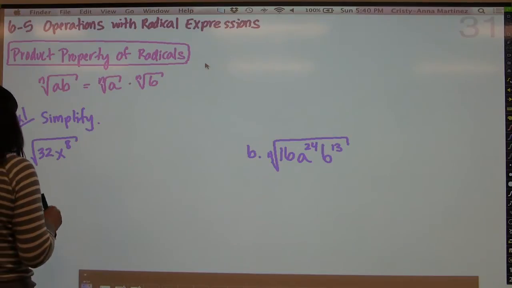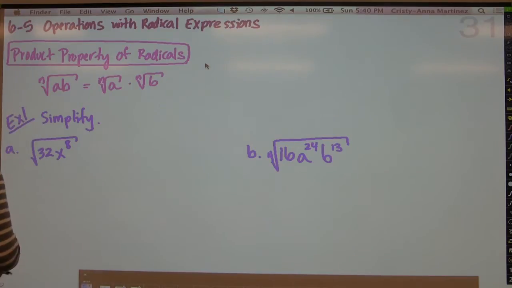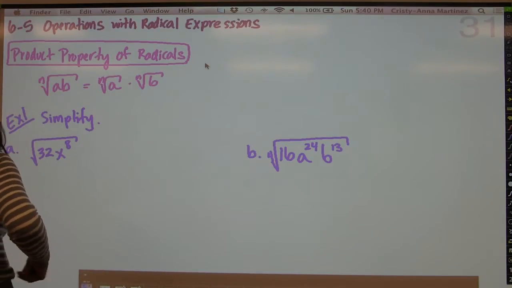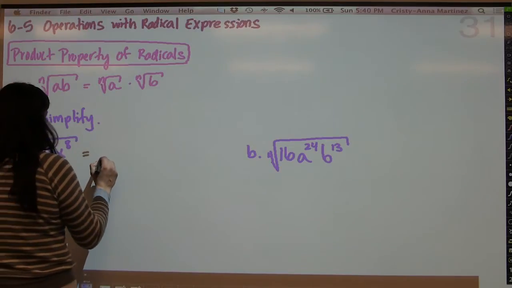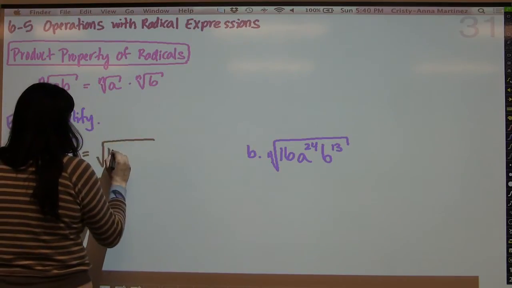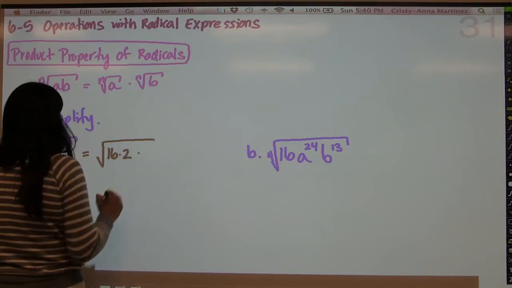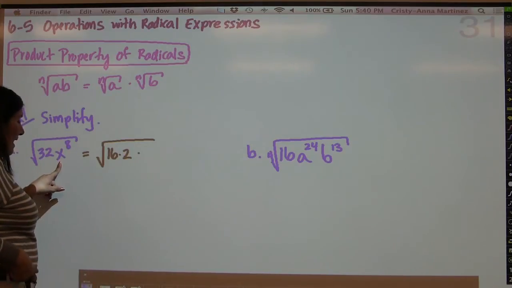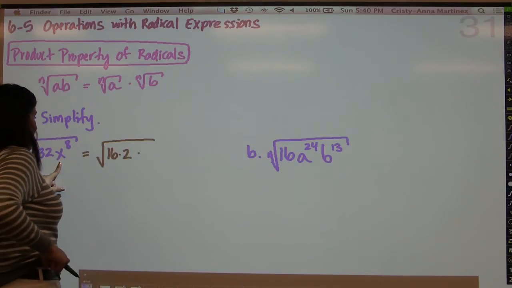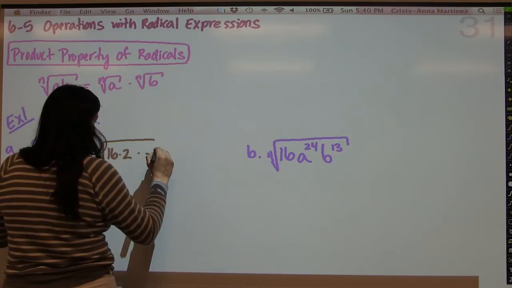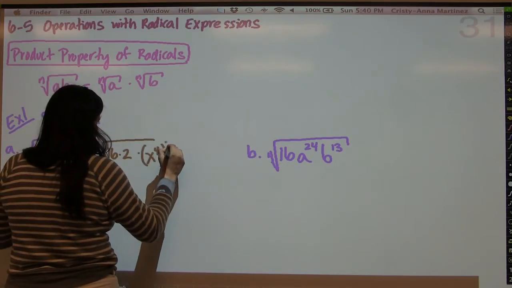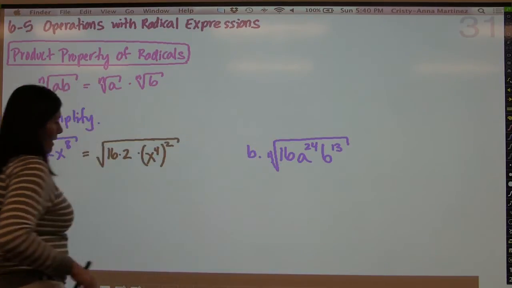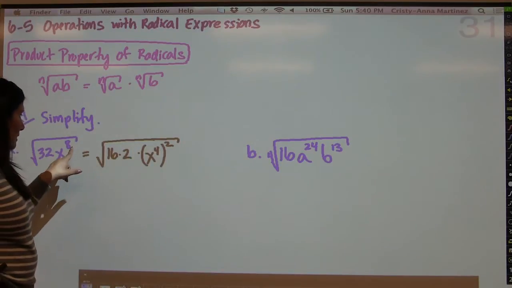For example, I know that 32 is 16 times 2, so I'm going to start there. But also x to the 8th could be written as x to the 4th squared, because 4 times 2 is 8.